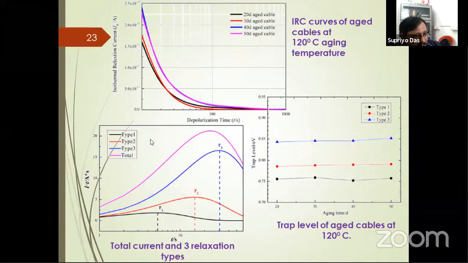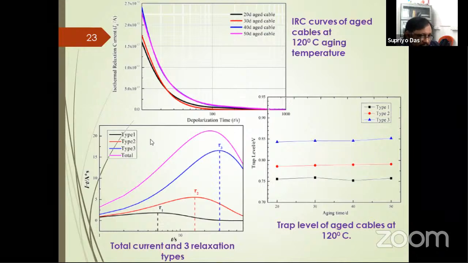And if you plot it, in the left hand side plot below, we get separate characteristics. One is black, red, blue, and pink.